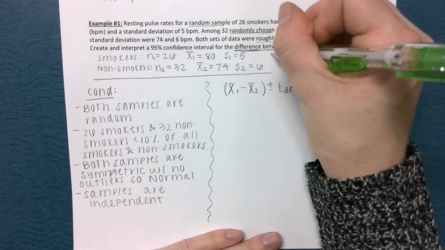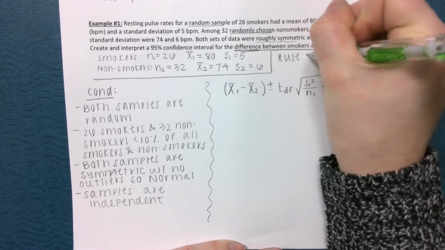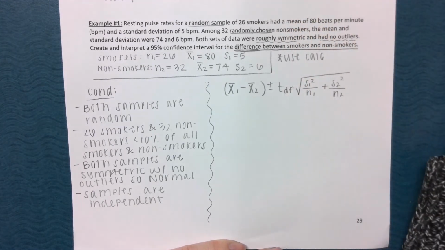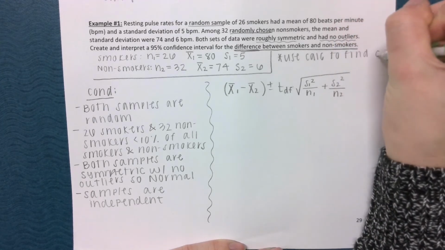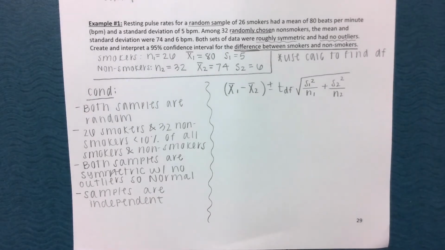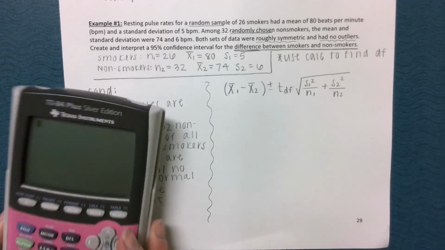So the AP graders are okay if we use our calculator to find the degrees of freedom. So we're going to use that calculator to find our degrees of freedom. Once we have those degrees of freedom, we can then use that to find our t-score. So I'm going to go to my calculator here.